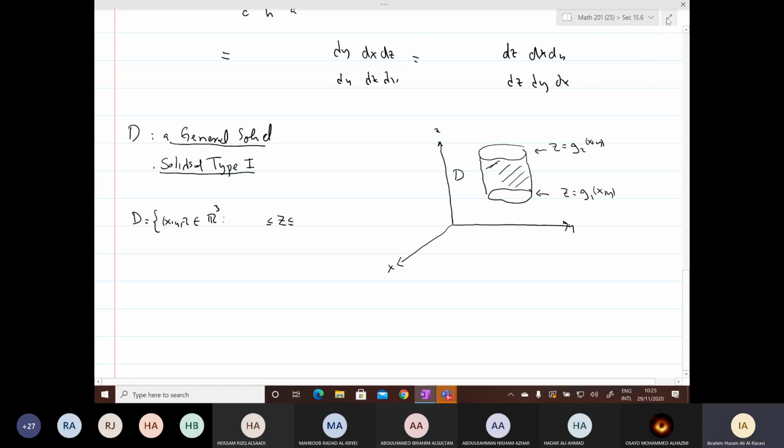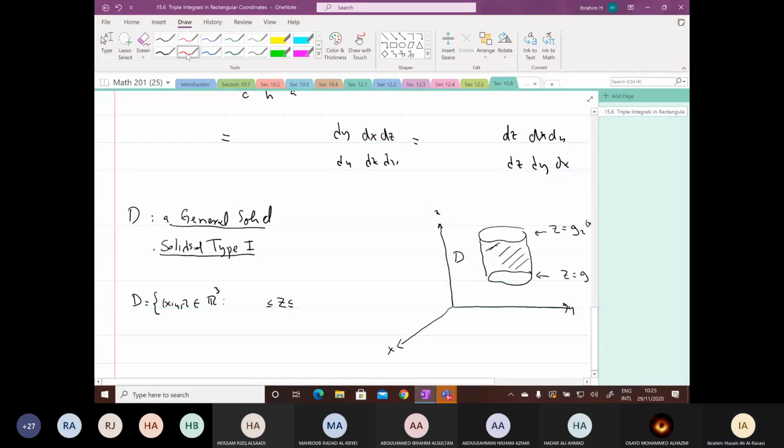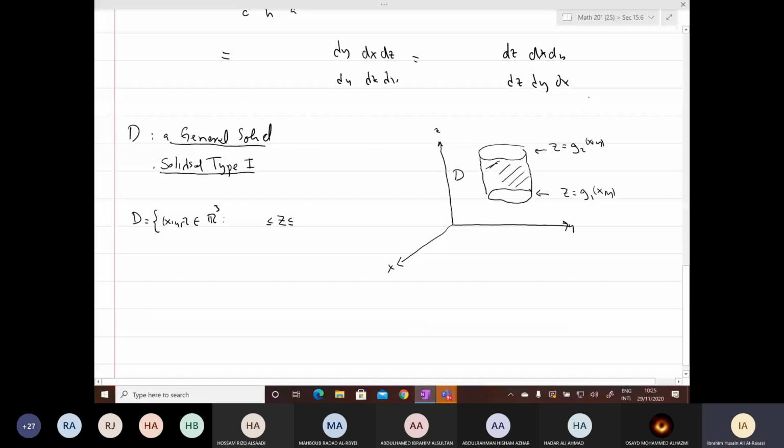Let me take another color. Take an arbitrary point X, Y, and Z. I need to describe the Z value and its possible values.